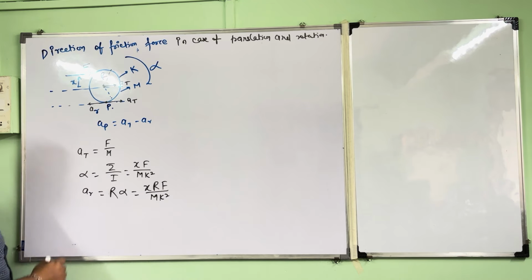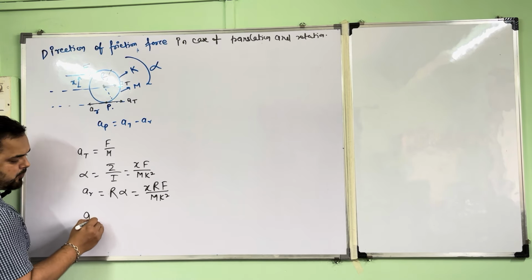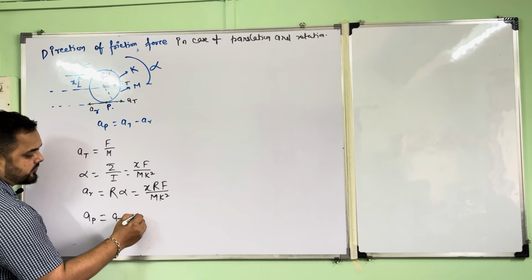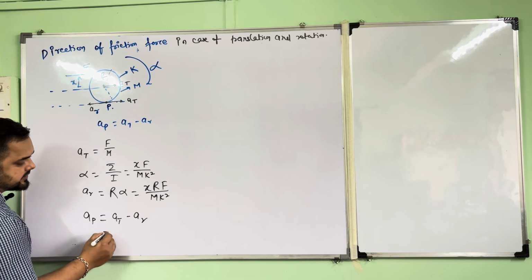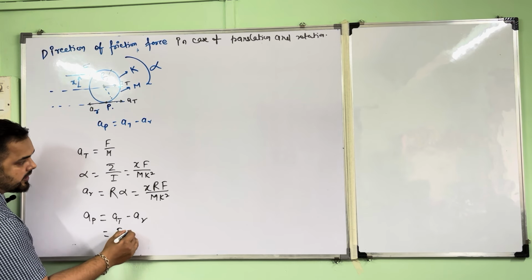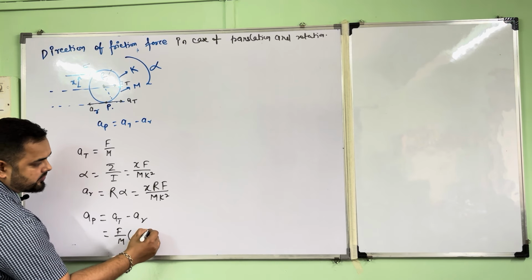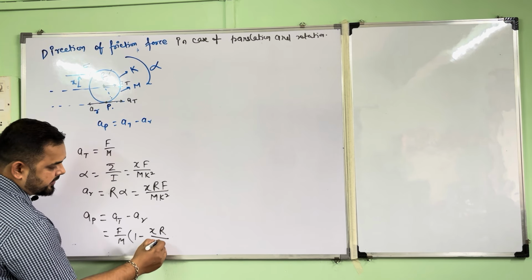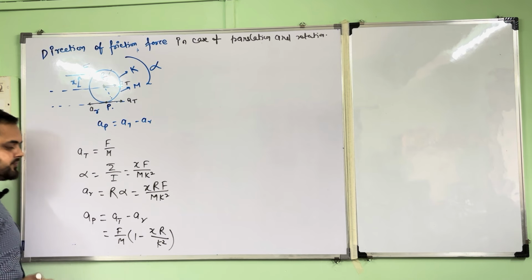So we can write the acceleration of point P as AT minus AR, which, taking F by m common, equals F by m times (1 minus xR divided by k square).